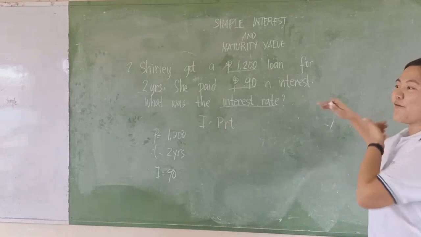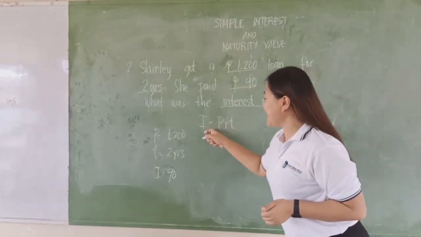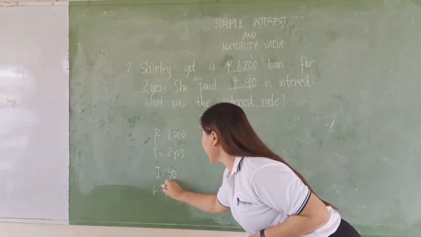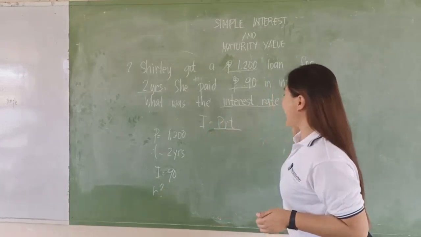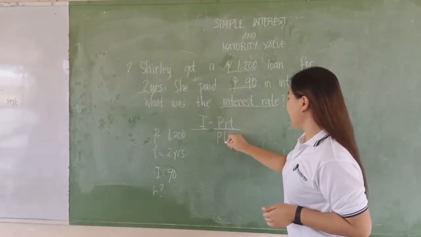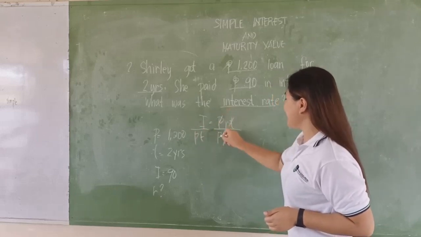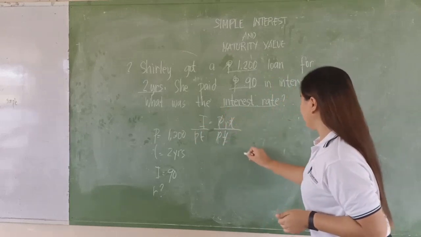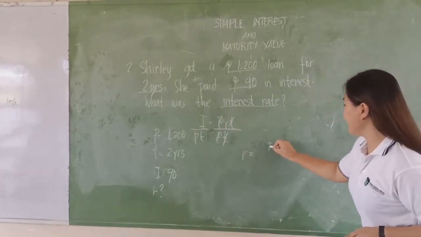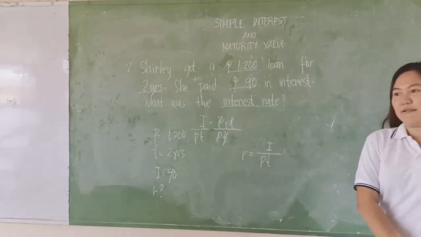So, paano tayo gagawa ng another formula? Since meron tayong formula na ganito, ang hinahanap natin is the interest rate. Okay? So, kakansel lang natin or divide both sides by P. Then, cancel P. So, ang natira na lang is R is equal to I over PT.